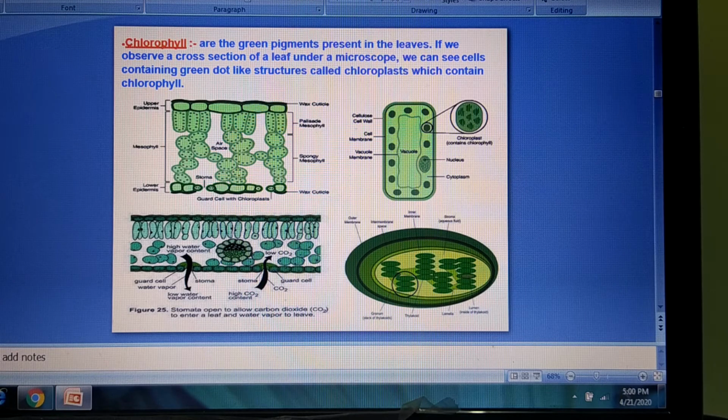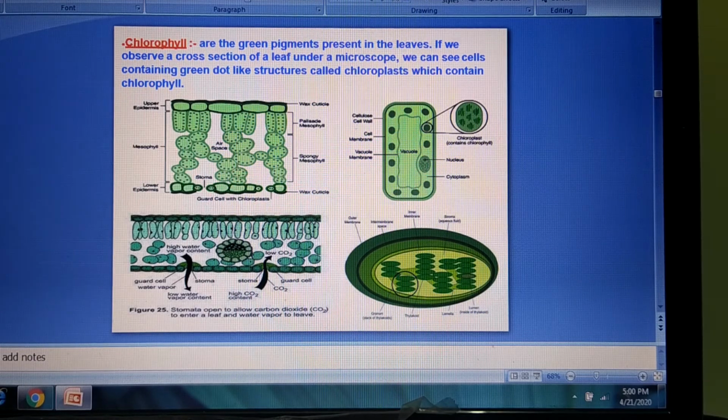If we observe a cross section, that is, if you take out the layers of the leaf and observe under the microscope, we can see many cells present inside the leaf. The first outer layer we call the upper epidermis.